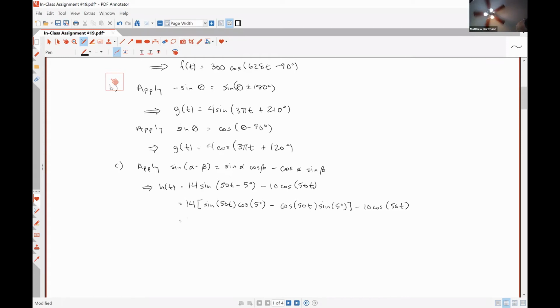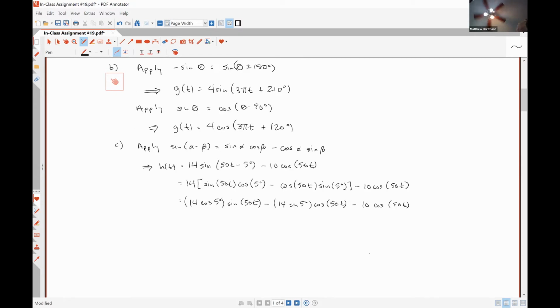That gives me 14 cosine 5 degrees times sine 50t minus 14 sine 5 degrees cosine 50t minus 10 times cosine 50t. And I can group like terms. Well, actually, I don't need, let's do one more step.